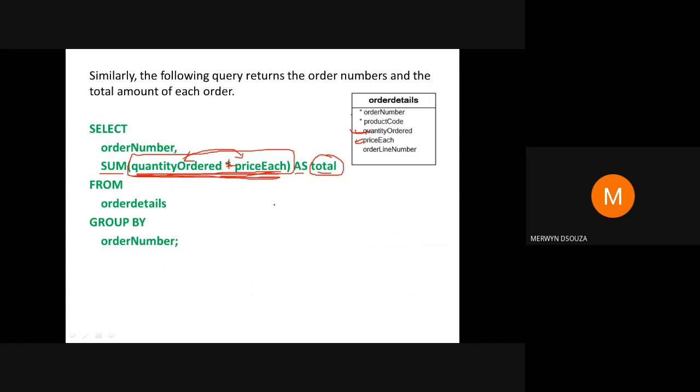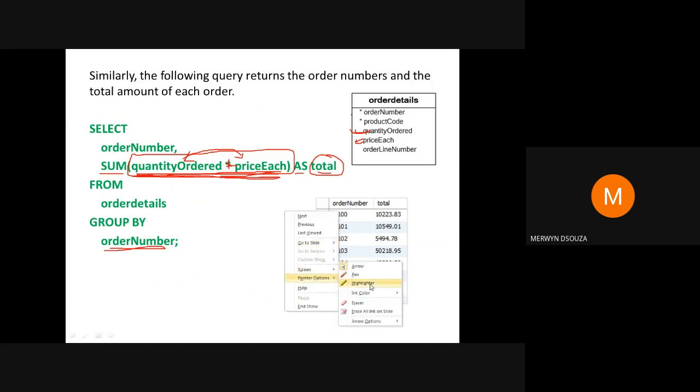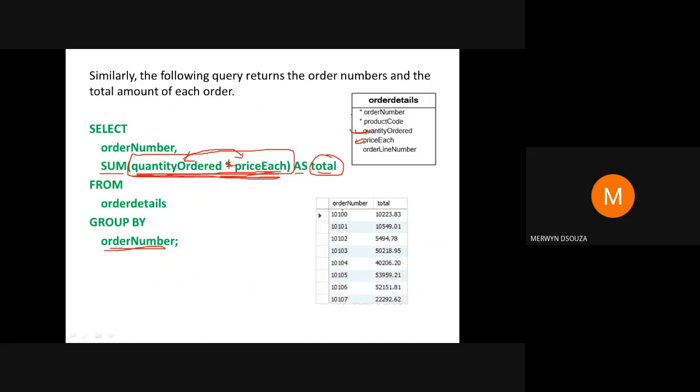The output will look something like this when we do the group by clause for order number. All the different order numbers are presented, and you are grouping them by these order numbers. The total is nothing but quantity ordered into price each.